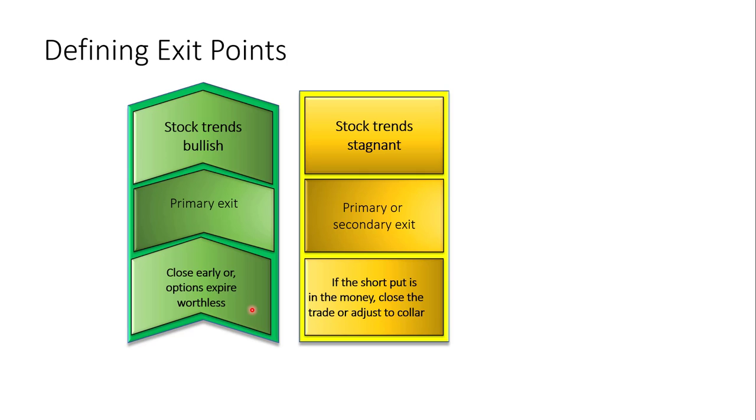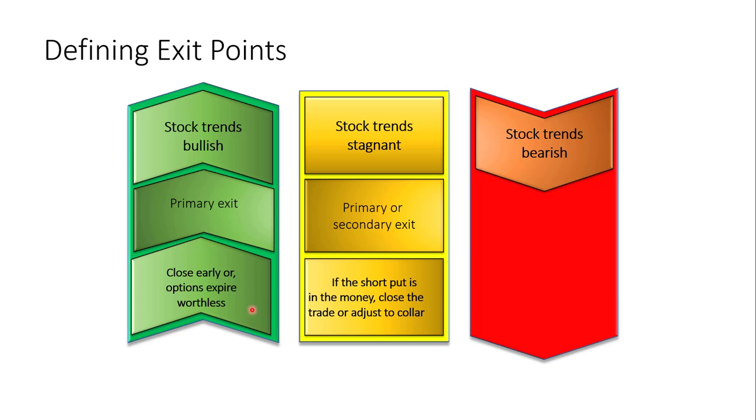Now, if the stock, or the equity, starts to go bearishly, that's a trend that you don't want. Your secondary exit comes into play. Close at the break even when you've given back all of your credit.